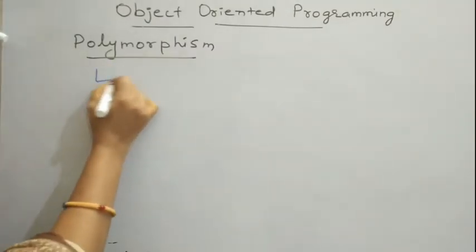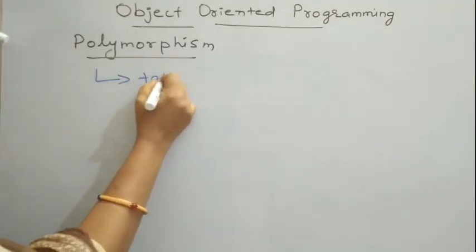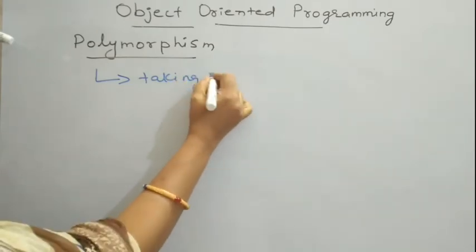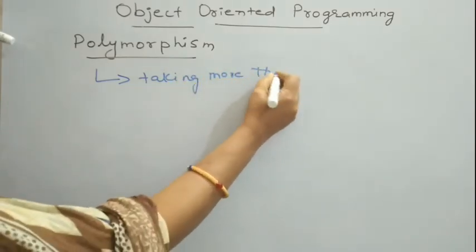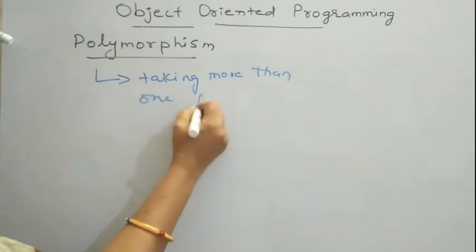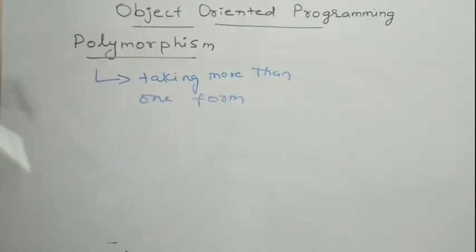In general, polymorphism means taking more than one form. We may also say that if one task is implemented in different ways, then it is polymorphism.